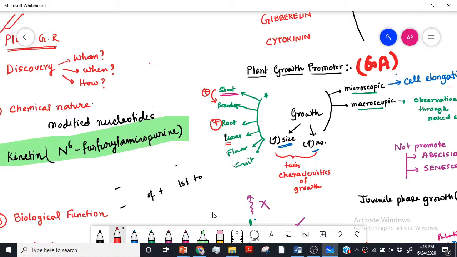Leaves, yes, they do promote the growth of leaves. And flowers, obviously this is a plant growth promoter, so it will hasten the juvenile phase. Flowering means reaching puberty, so it will promote flowering. And fruit growth we already talked about, it will promote fruit growth. So it will promote everything but not elongation of shoots, right?